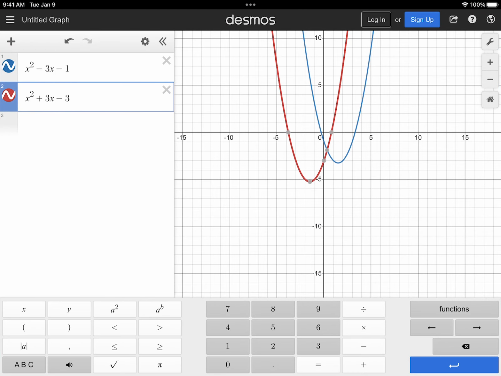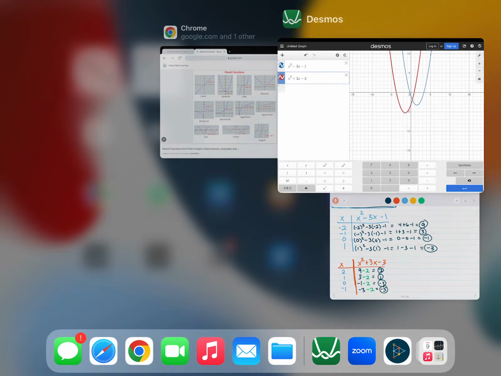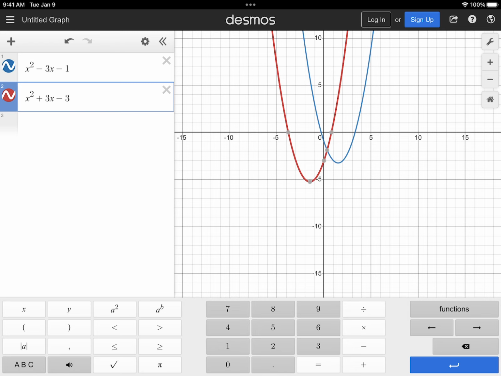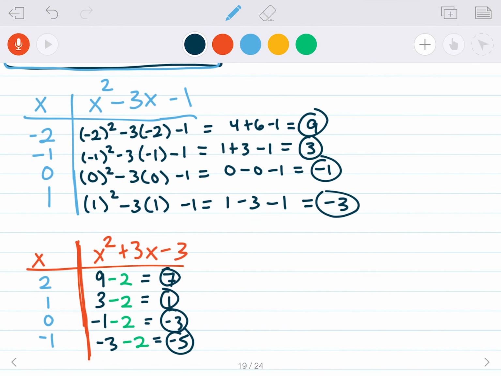Okay, so reflection in the y-axis and a shift down 2 units. That is going to be our transform function. And what you can do is make sure that all of these points that we got are actually on both the parent and the transform. So like (-2, 9), (-1, 3), (0, -1), (1, -3).